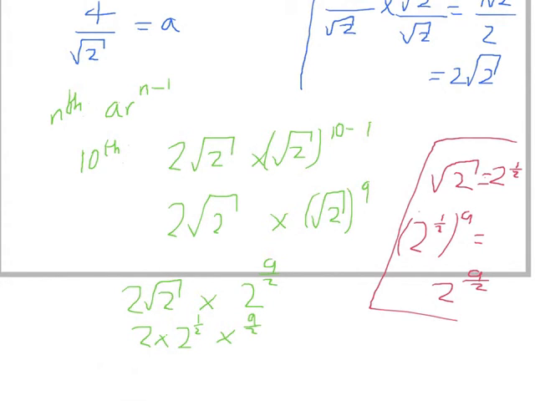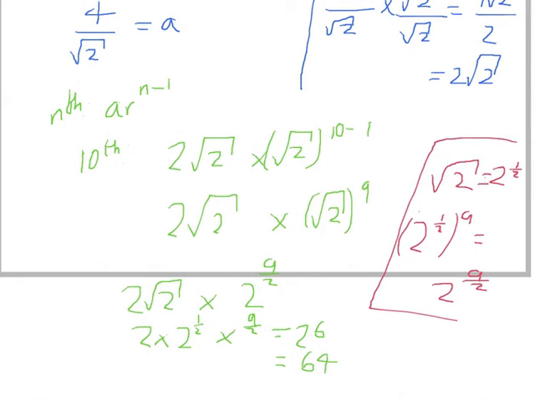Now you should remember that when you're multiplying powers, you add them. So a half and 9 over 2 is 10 over 2, which is the same as 5, and then you've got an extra one, so that's 2 to the power of 6. So finally, 2 to the power of 6 is equal to 64. So the final answer for the 10th term in this geometric sequence is 64.